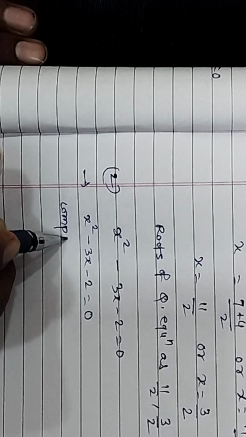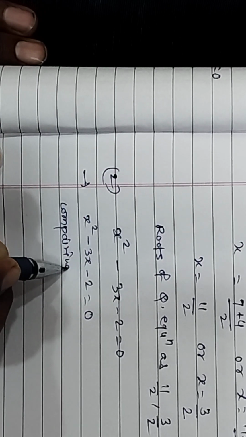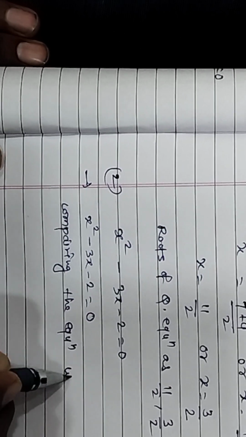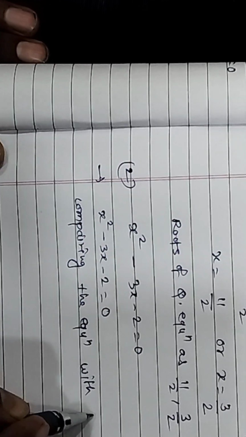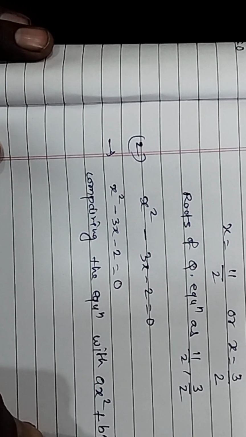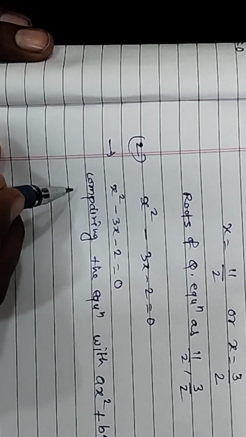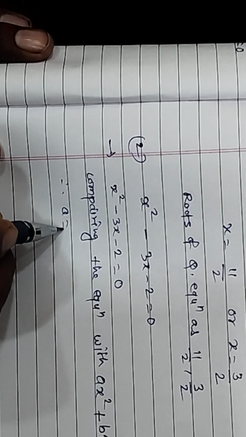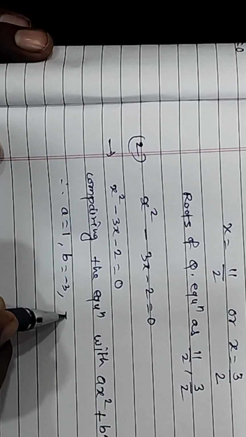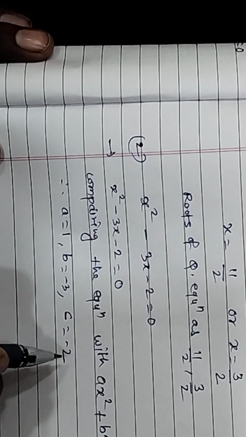Comparing the equation with the general equation of quadratic equation, that is ax square plus bx plus c is equal to 0. Here we get a is equal to 1, b is equal to minus 3 and c is equal to minus 2.